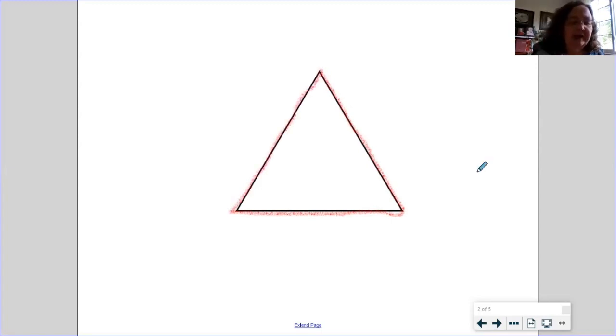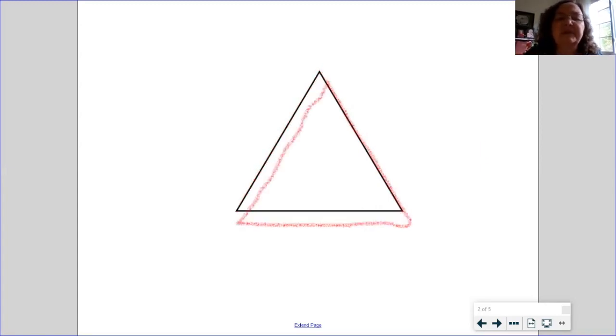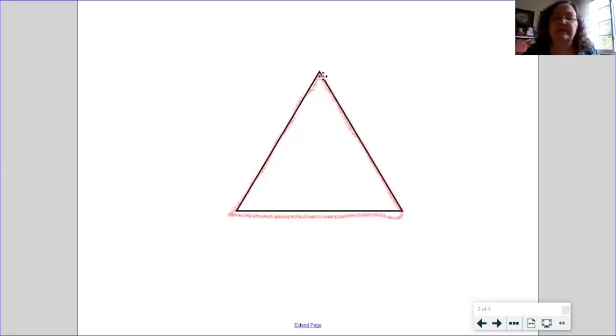I might do it one more time. I'm going to color one more time, and this time it's black, and I'm going to say perimeter. Can everyone say that word with me? Perimeter.